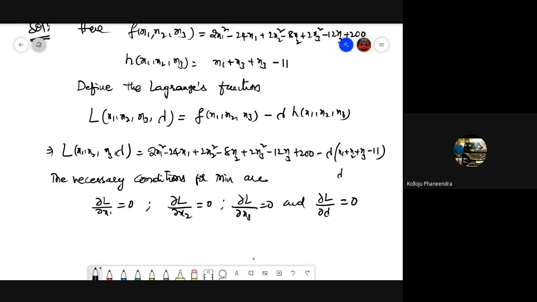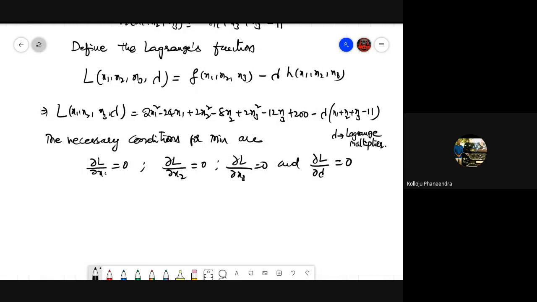Lambda is called the Lagrange multiplier. Now one by one let me solve.